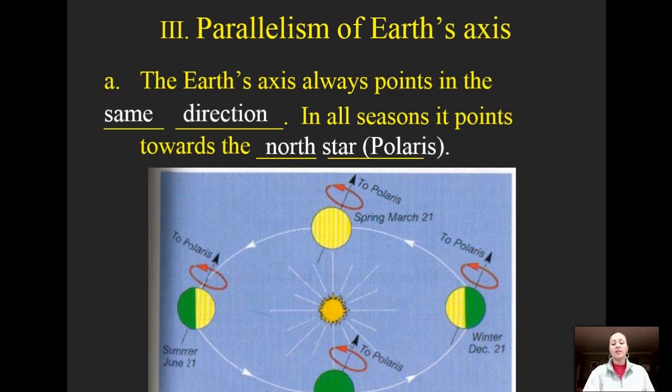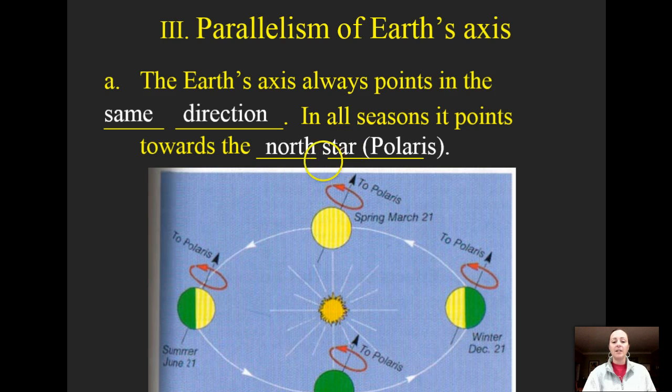Okay, so what you see in each of these diagrams as the Earth revolves around the sun, and this is depicted here by this circle, the Earth is tilted in the same 23.5 degrees, and it's always pointing in this same direction. Notice this tilt in each of the diagrams.